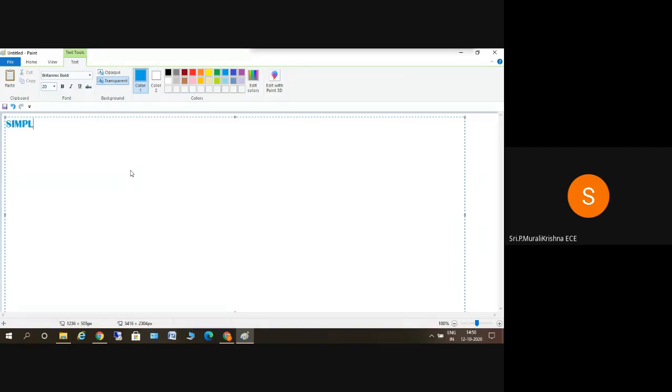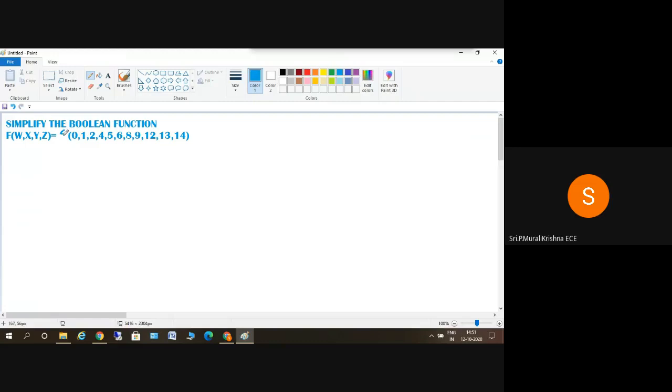Next, simplify the Boolean function. f of w comma x comma y comma z is equal to sigma of 0, 1, 2, comma 4, comma 5, comma 6, comma 8, comma 9, comma 12, comma 13, comma 14. Okay, so simplify this Boolean function. So draw the K-map first.